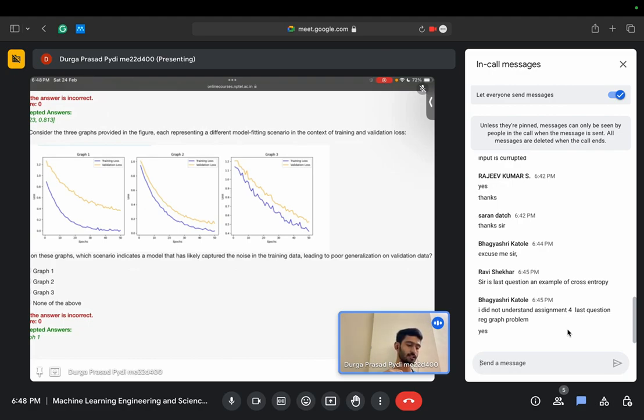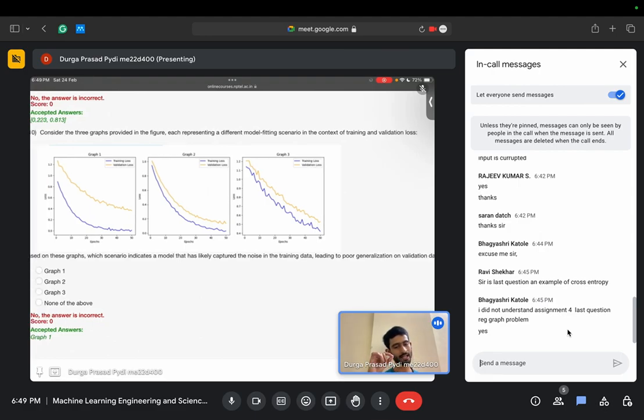What they mean by generalization is whether the model is able to capture the relation properly or not. In order to understand that, what you have to see here is the gap between your training loss and validation loss. If the gap is too large, then the model is biased. So in the three graphs shown here, the first one has the larger gap, so it will be the more biased one.